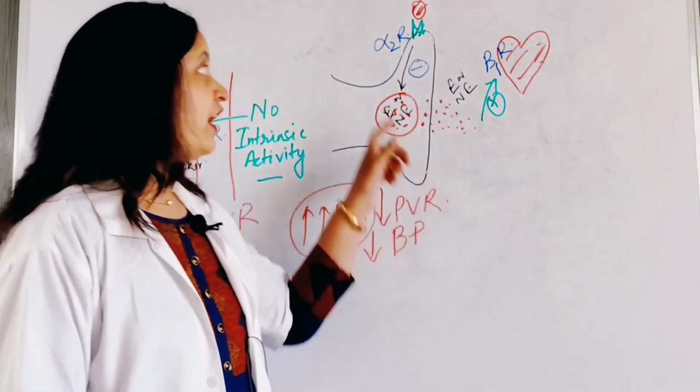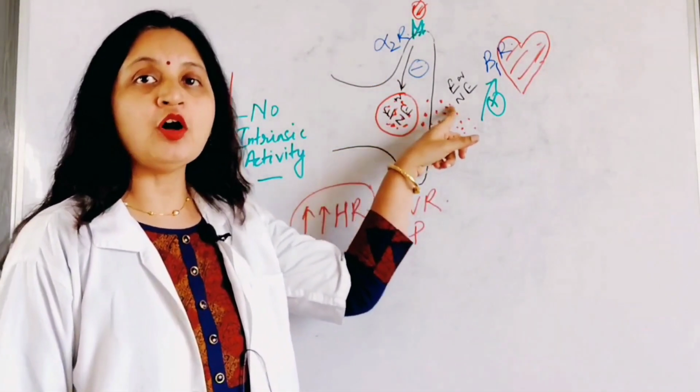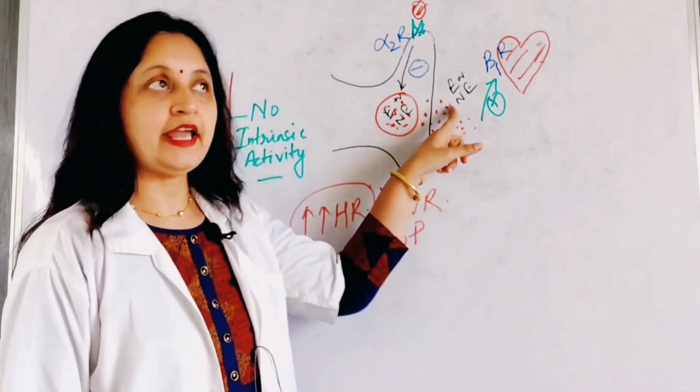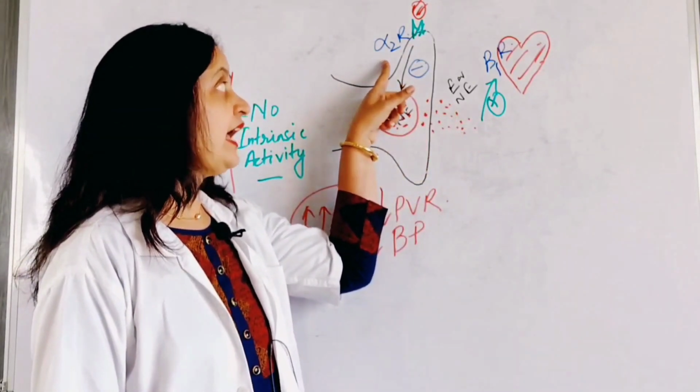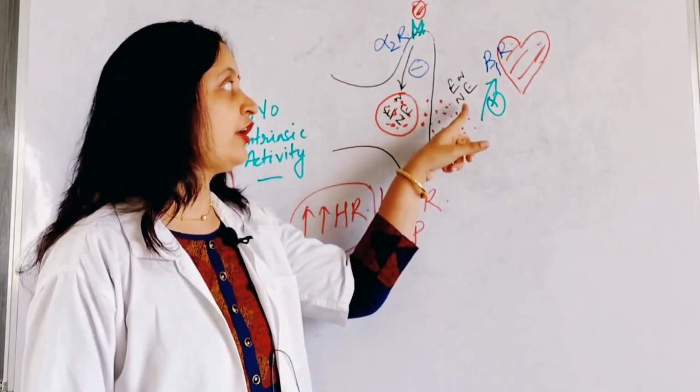Now the function of alpha 2 receptor is to inhibit the release of epinephrine and norepinephrine into the synaptic cleft. So alpha 2 receptor has an inhibitory control on the release of epinephrine and norepinephrine.